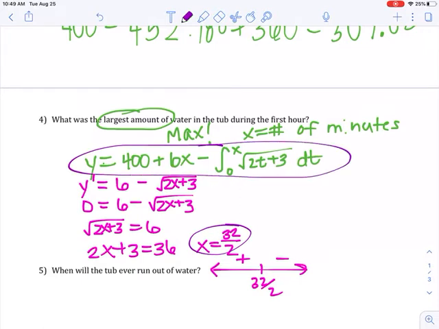Now we can actually determine what the maximum amount of water is by taking this and plugging it in to this up here.